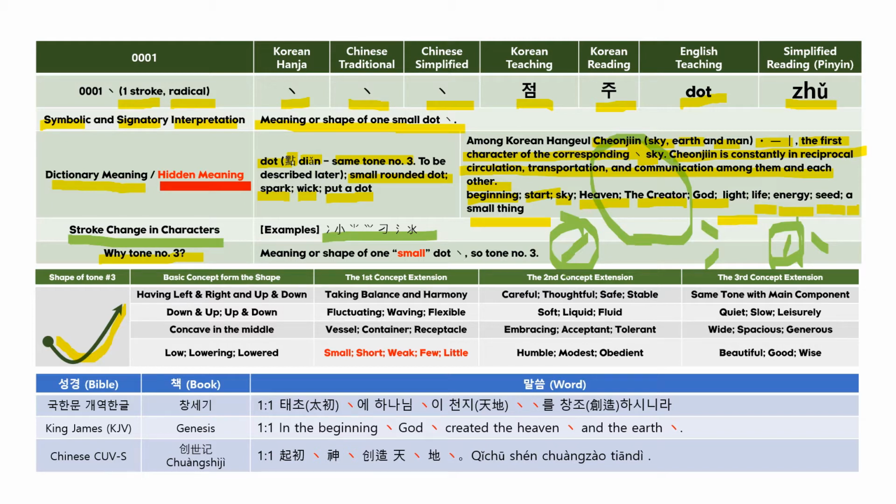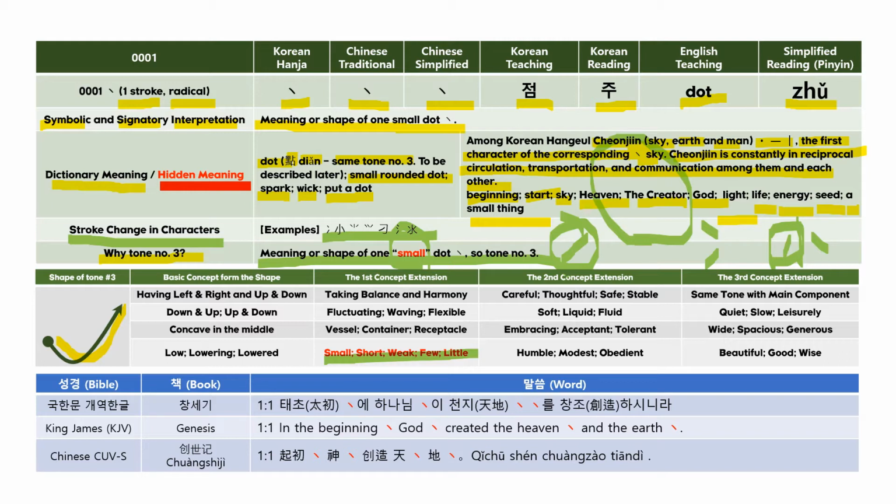That character has the concept, the value of tone number 3. So the meaning or shape of one small dot, the value of small, so tone number 3. I have lectured about these tone number value principles separately, so you can refer to that later.